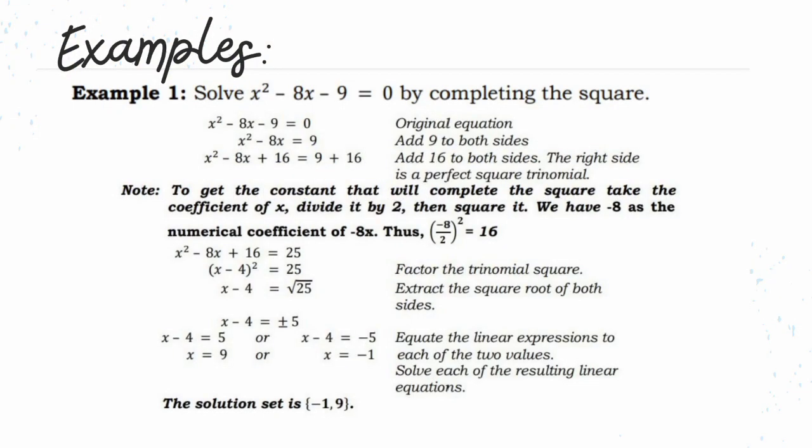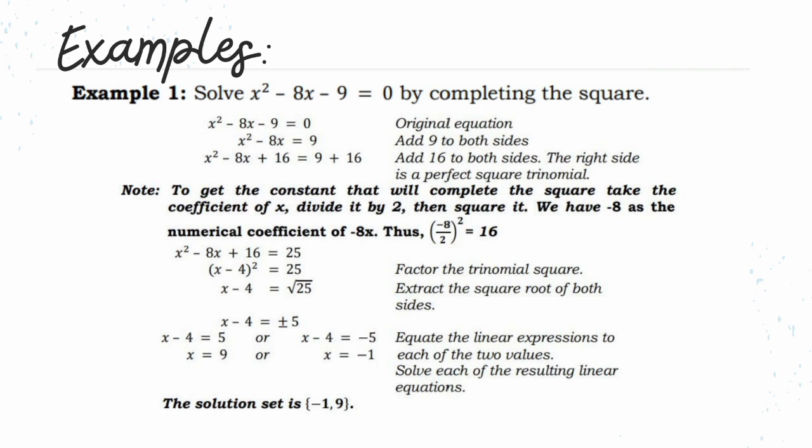For example number 1, the equation that we will solve is x squared minus 8x minus 9 equals 0. We will solve it using completing the square. For the formula, we are going to transpose 9.